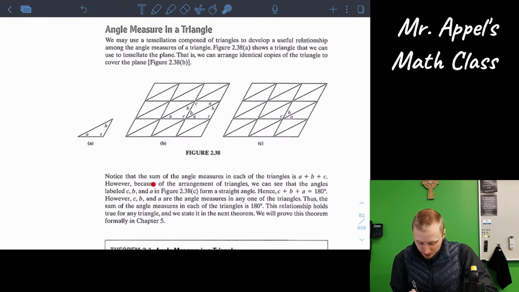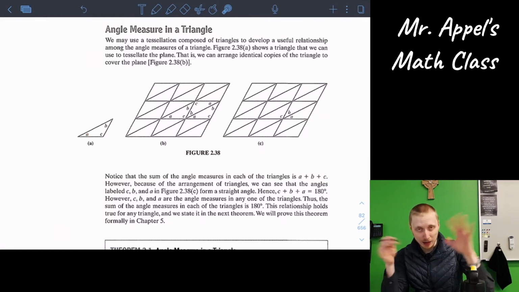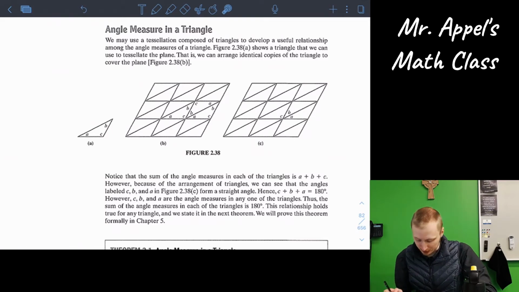Notice that the sum of the angle measures in each of the triangles is a plus b plus c. We've labeled angles A, B, and C inside the triangle, and so if I wanted to add all of those up, I would add A plus B plus C. However, because of the arrangement of triangles, we can see that the angles labeled C, B, and A in 238C, right here, form a straight angle.